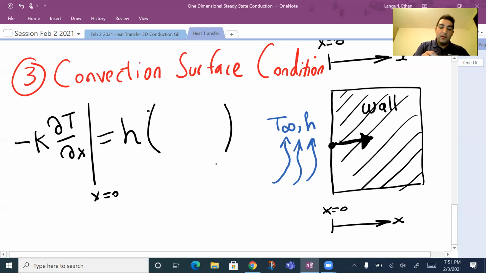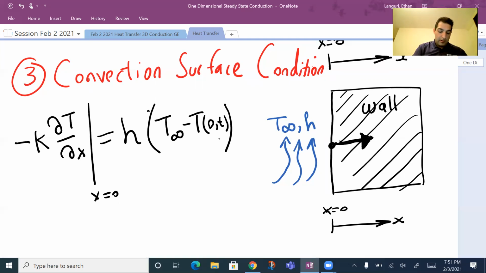And what delta T? Temperature of the fluid, which is T infinity, minus temperature of the surface, which in this case I can show as temperature of the surface at x equals 0 and at any time t, T(0, t). Lowercase t represents time.